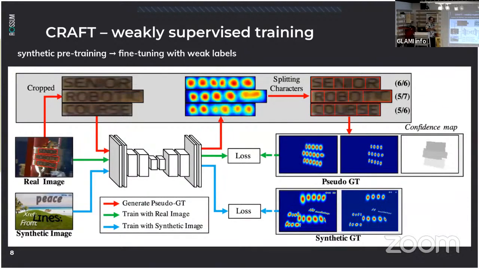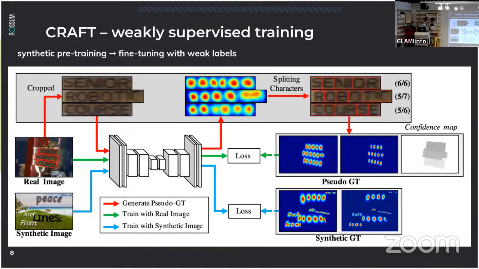With this model, they could then utilize real data by finding the text in the real data, and then they were able to segment each letter, and for each letter they had the quadrangle, and they could draw a new ground truth. This is the pseudo ground truth. So with the bootstrap model, they were able to make pseudo labels for weakly supervised training.